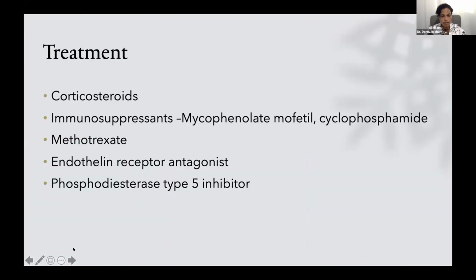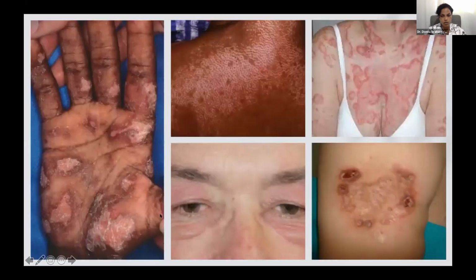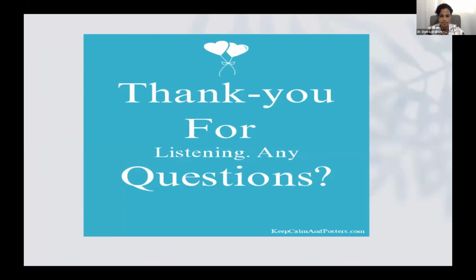So if you're having periorbital erythema and swelling, especially with this purplish hue to the eyelid right here, that is called the heliotrope rash, which you get in dermatomyositis. Thank you, guys. I'll hand over to Dr. Buckland. Any questions?